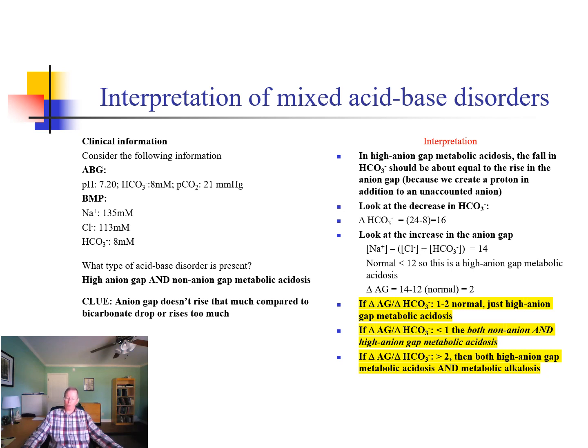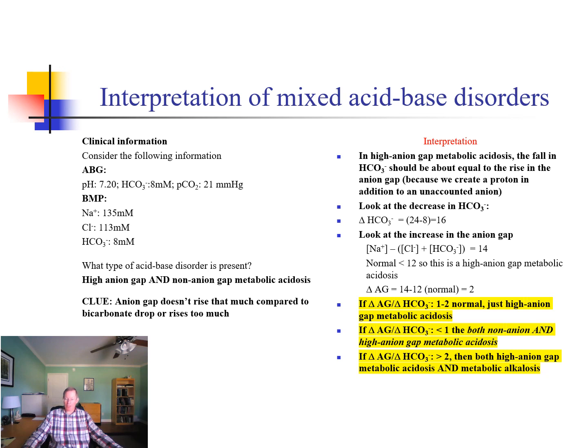If I look at the ratio of the change in the anion gap relative to the change in the bicarbonate, if that's 1 or actually 1 to 2, that's just your normal run-of-the-mill high anion gap metabolic acidosis. And in the previous problem that I worked, you can go back and see that that actually is just a high anion gap metabolic acidosis.